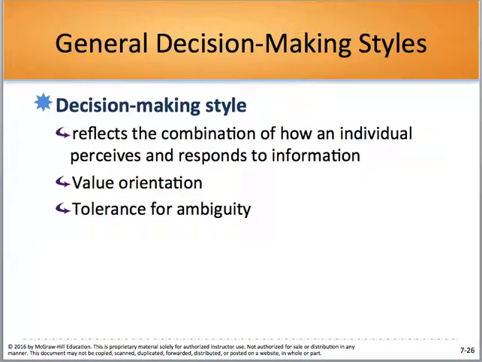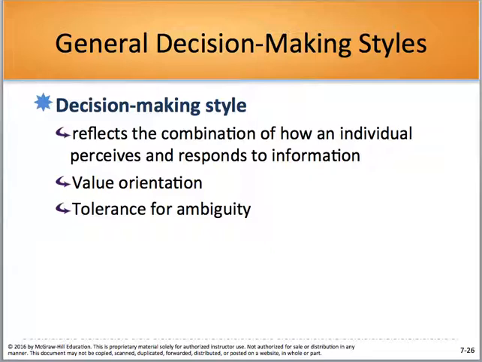Then we have our general decision making. It's going to reflect that combination of how we perceive things and how we respond to information. It's very value based, and we have to have a tolerance for ambiguity. With value orientation, we reflect on the extent to which a person focuses on either the task and technical concerns or the people and social concerns when we make decisions.